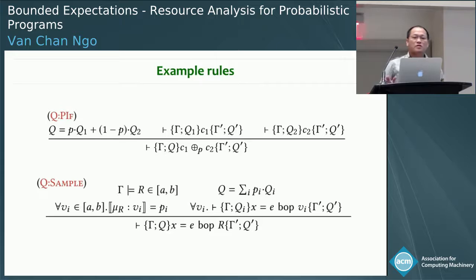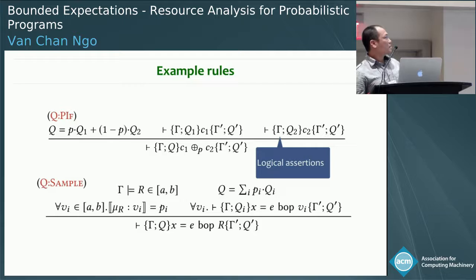Here I give you a flavor of the inference rules in our derivation system. The gamma here is a conjunction of logical assertions that hold at the current program point.